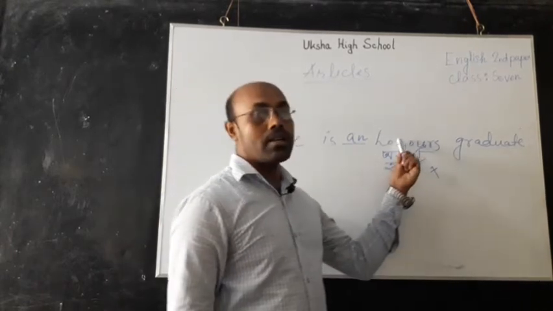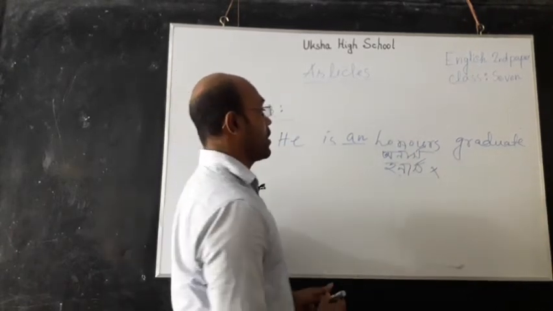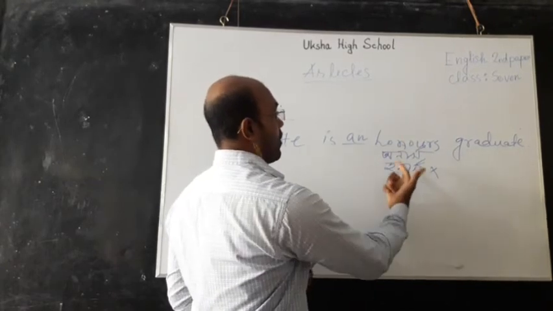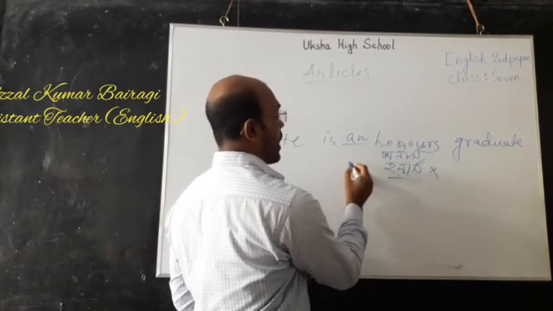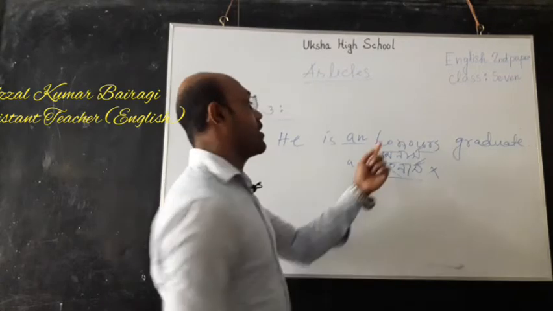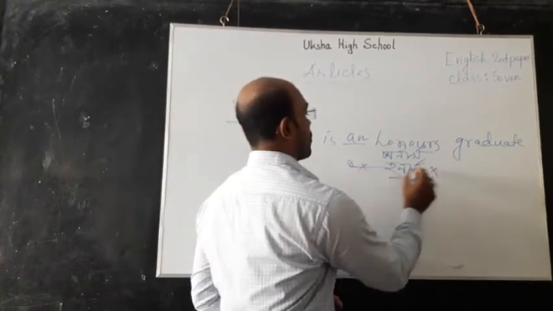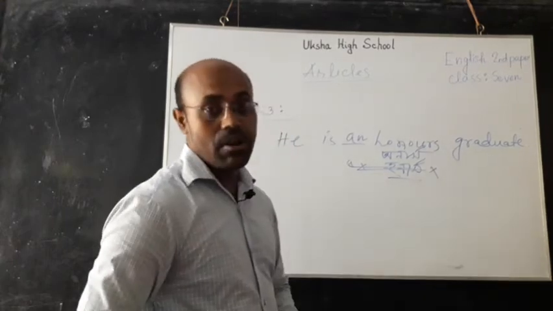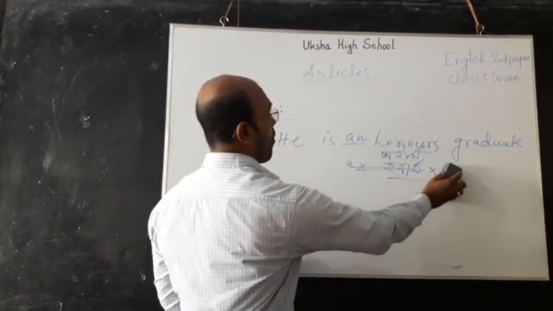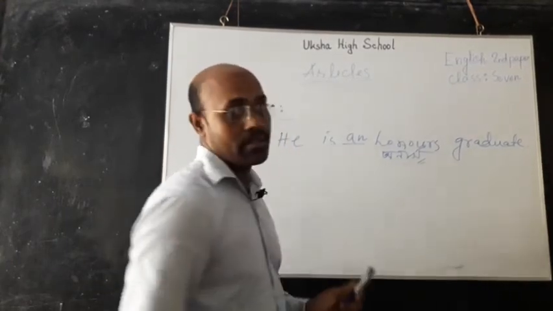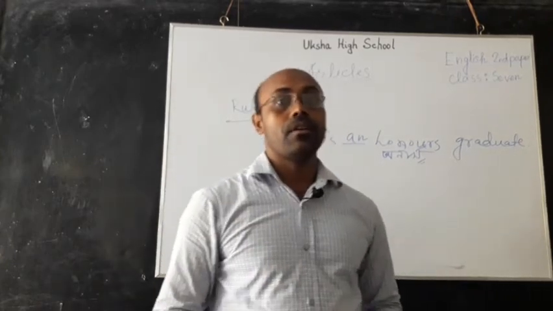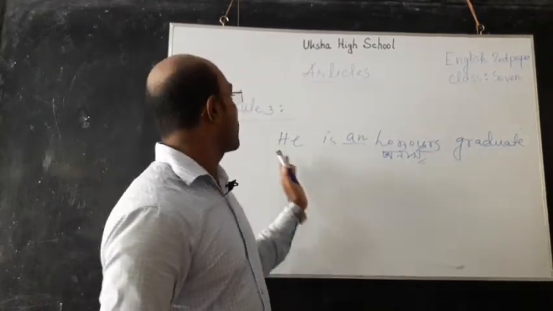If this word were pronounced with the H, then you would write a. But this word is pronounced 'onors', so for this you have to write an honors graduate. I hope you have understood Rule 3.